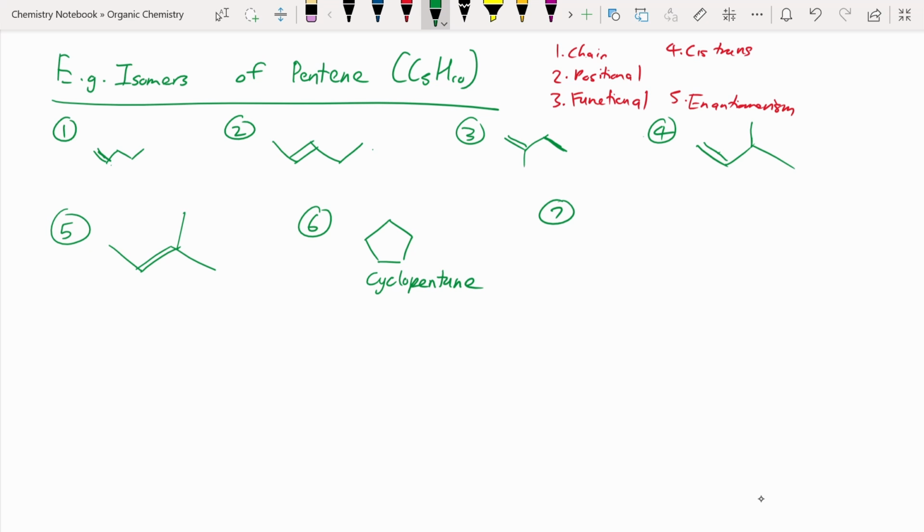And we can also have a methyl group sticking out of a cyclobutane, and that will be methylcyclobutane. And we can also have an ethyl group right here, and that will be ethylcyclopropane.